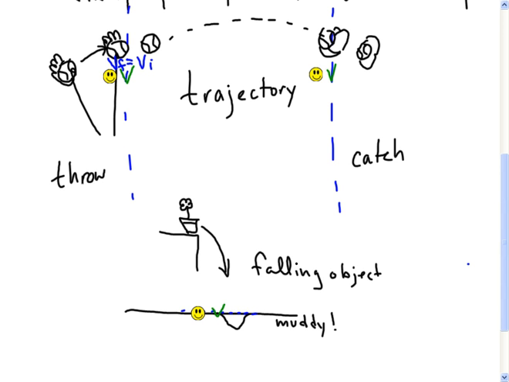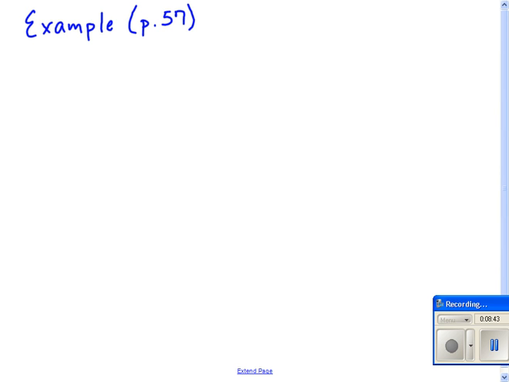Let's take a look at the example in the book. It's at the bottom of page 57. In that example problem, let's read it together, make sure we know what it is.